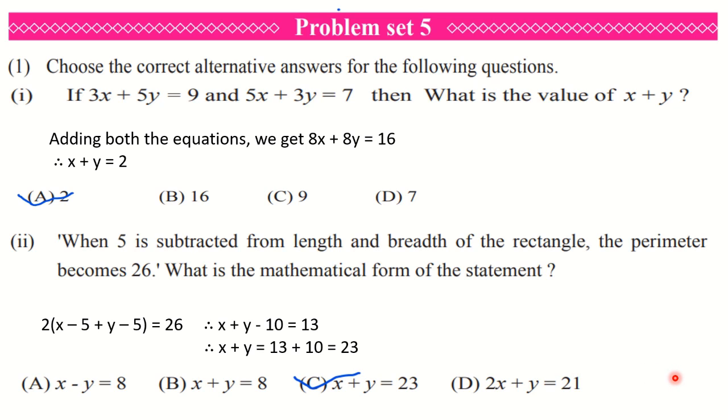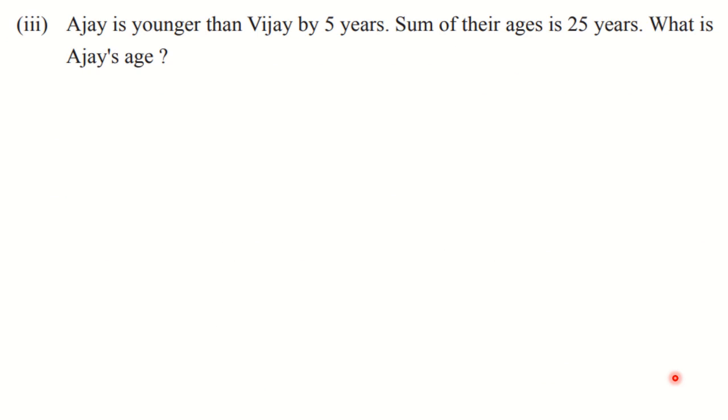Now let us move towards the next question. The third one. Ajay is younger than Vijay by 5 years. The sum of their ages is 25 years. What is Ajay's age? Here also two persons are given, so we can assign variables x and y.